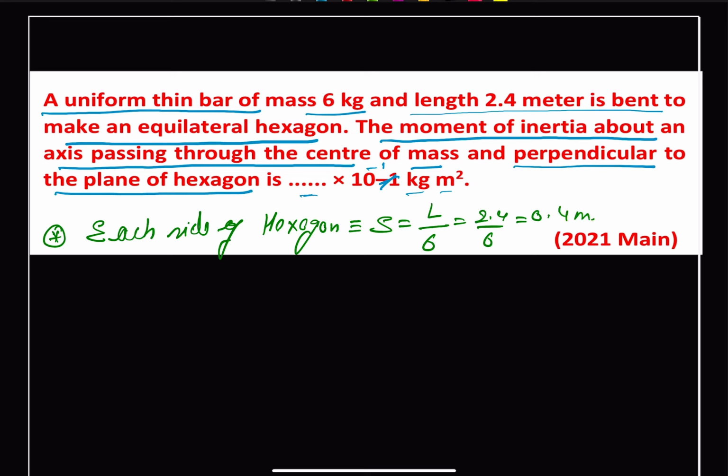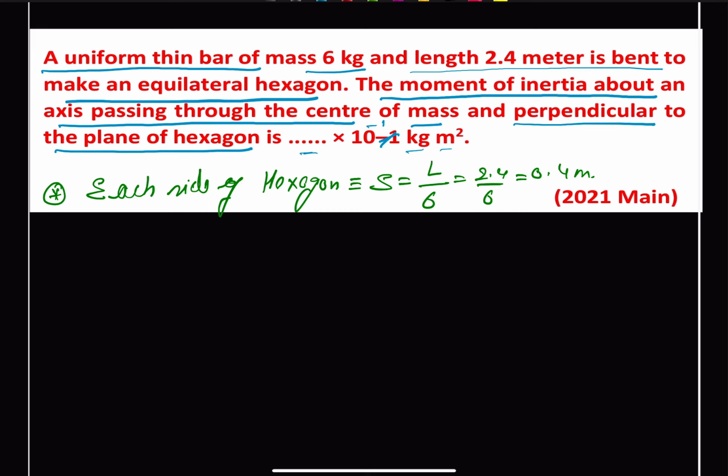And we can also find out the mass per side. Mass per side will be our total mass, that is our M, and let me call this as small m, will be equal to capital M divided by 6, and we have 6 kg divided by 6 is giving us 1 kg.